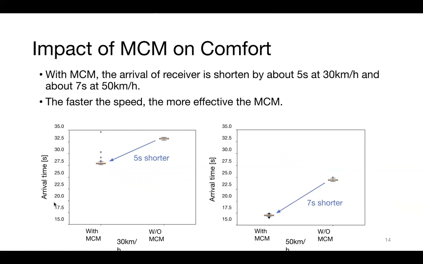First, we can see that with MCM, the arrival time is reduced in both cases. Furthermore, the arrival time is shortened by about 5 seconds at 30 km/h and about 7 seconds at 50 km/h. It indicates that the faster the speed is, the greater the effect of MCM is.